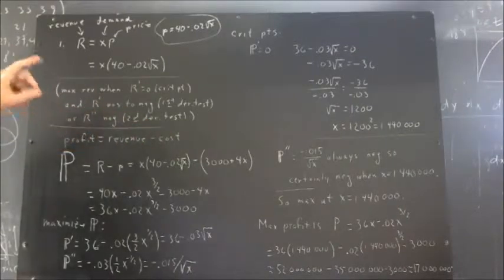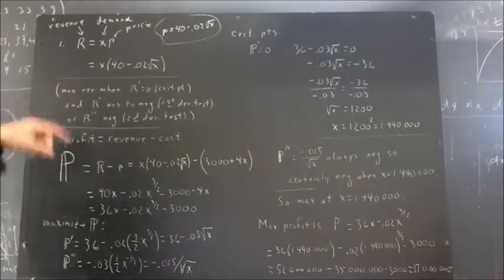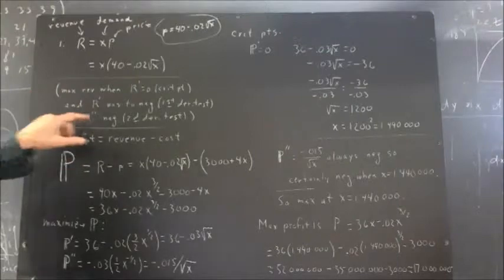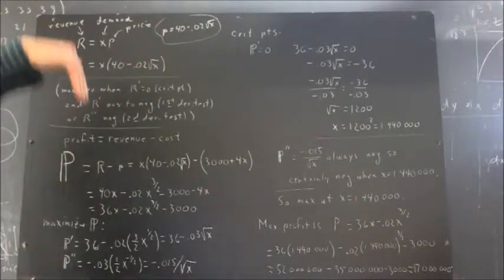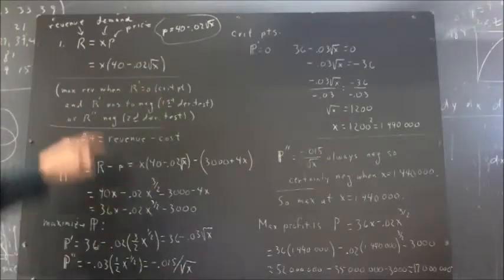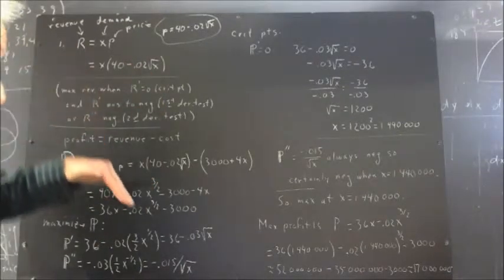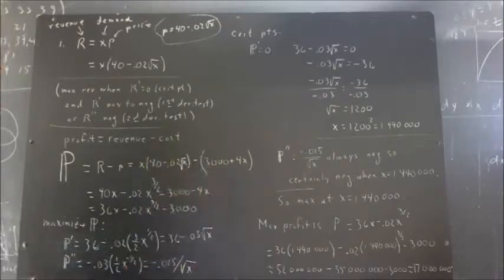That would be the characteristic of the second derivative. It would be negative at a maximum point. It would be positive at a minimum point, just as the first derivative would go from negative to positive.